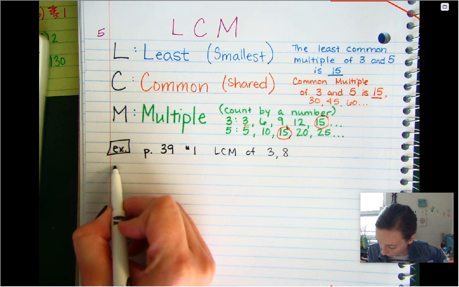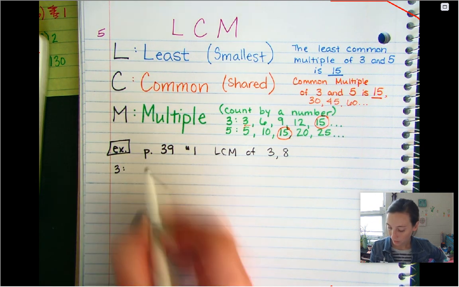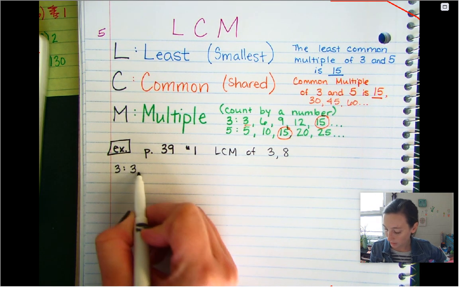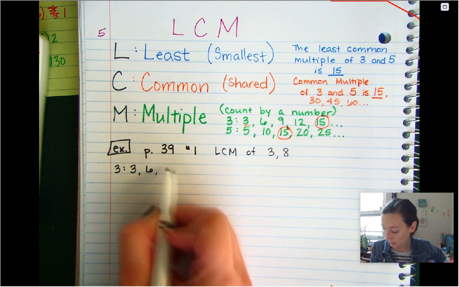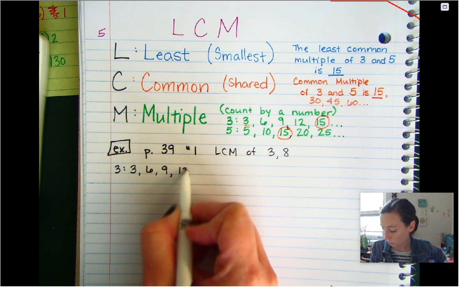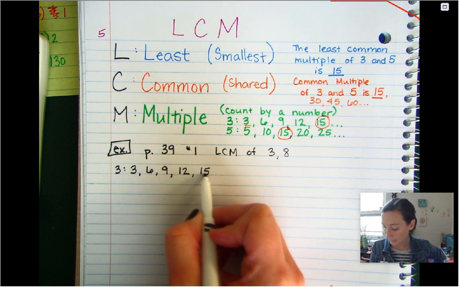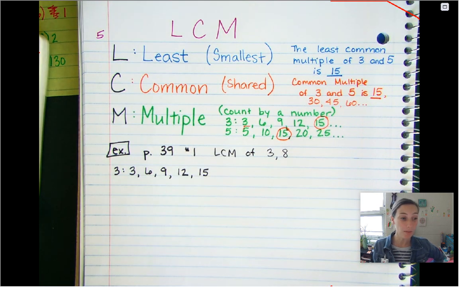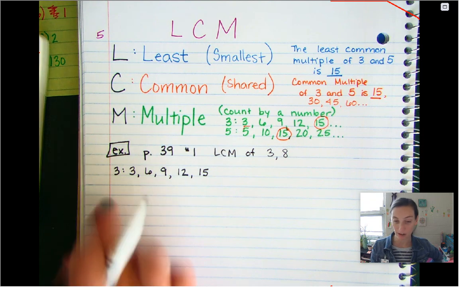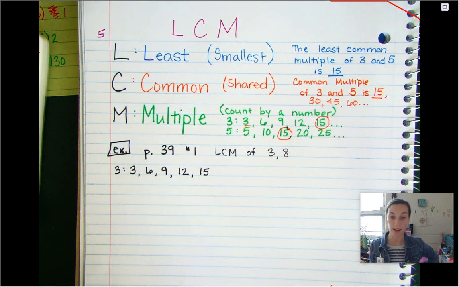So I start with 3, and I have 3, 6, 9, 12, 15. As a rule of thumb, I usually go 8 multiples and then stop and I start writing the other ones. If I don't come across a common multiple, I can always go back and add more to it.